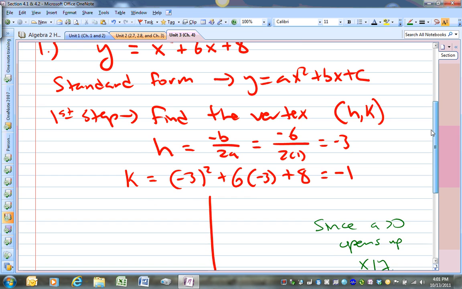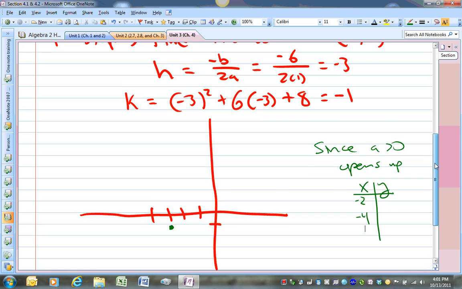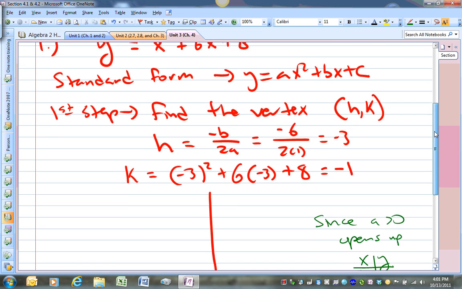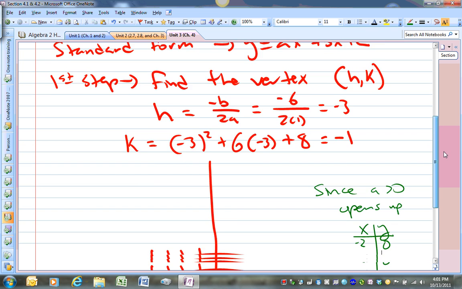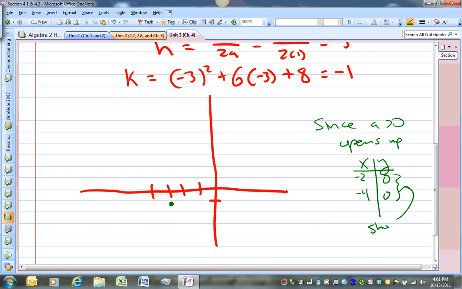If I plug in negative 2, and you work out carefully, you should get 0. If you plug in negative 4 and work it out, you should also get 0. The y values should be the same. Because of symmetry.